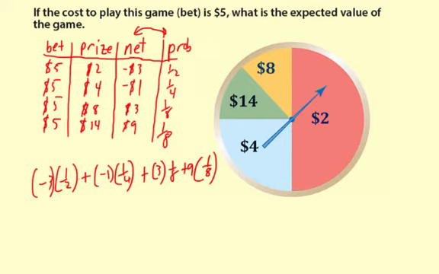So for example, this negative 3 times 1/2 is negative 3/2. And then negative 1 times 1/4 is negative 1/4, so it's going to be plus negative 1/4. And then 3 times the 1/8 here, that is 3/8, so plus 3/8.